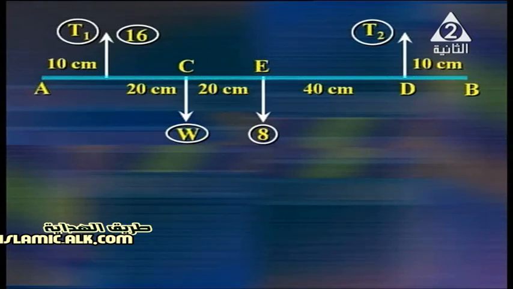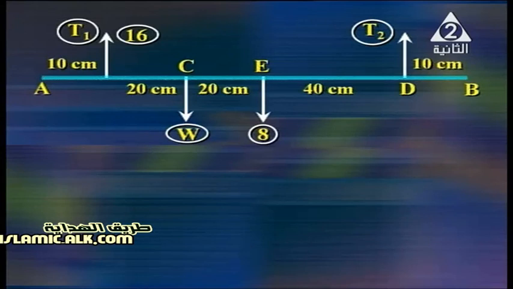The weight of the uniform rod is 8, acting at midpoint E. We have 2 tensions, T1 and T2. T1 and T2 act at 2 points 10 centimeter from the 2 ends. Look at T1, nearest to A with 10 centimeter. Also T2, the second tension, is nearest to B with 10 centimeter.